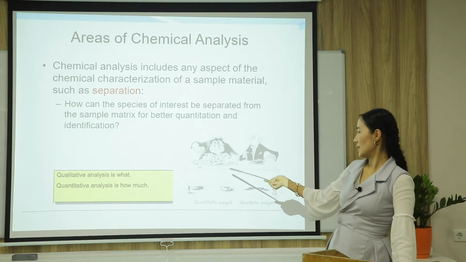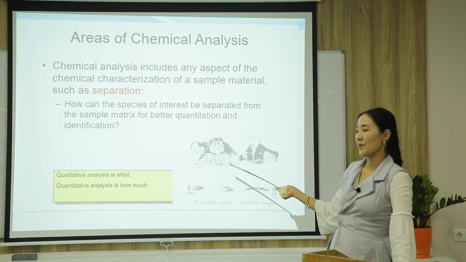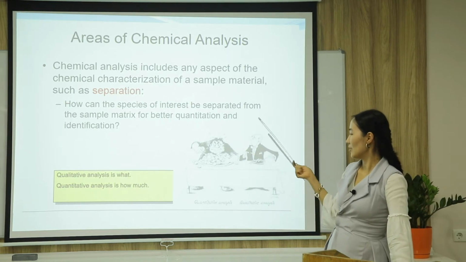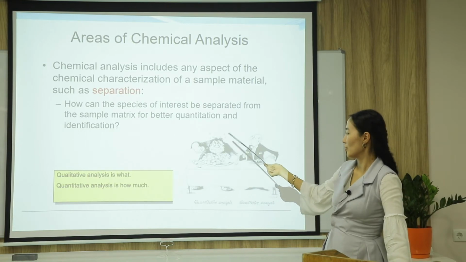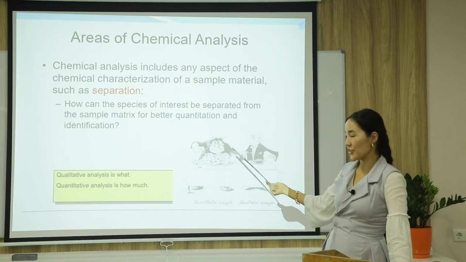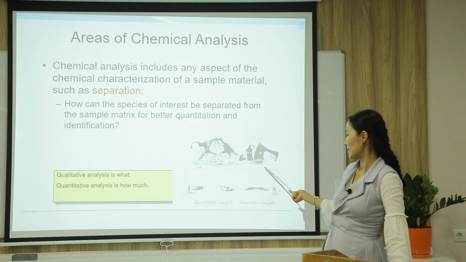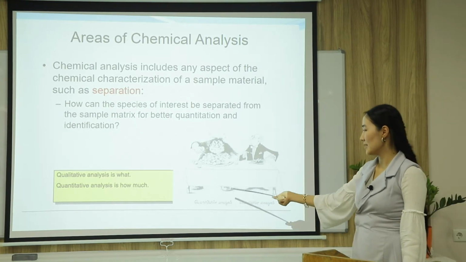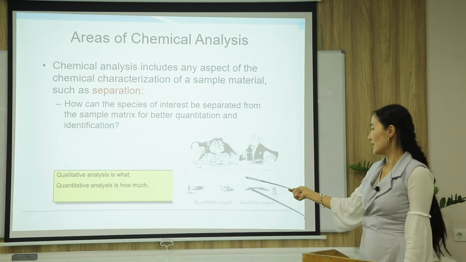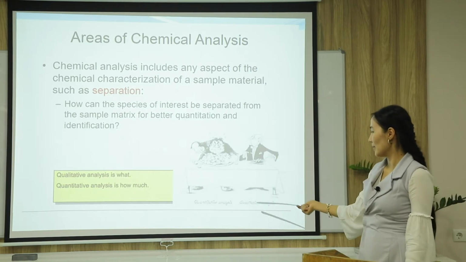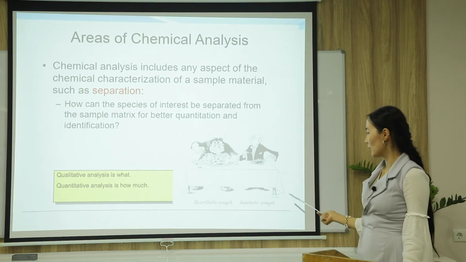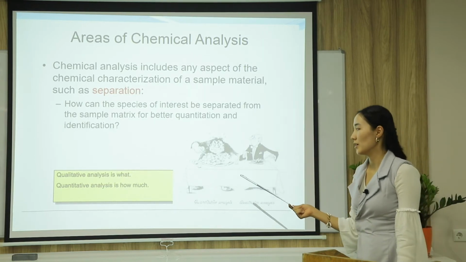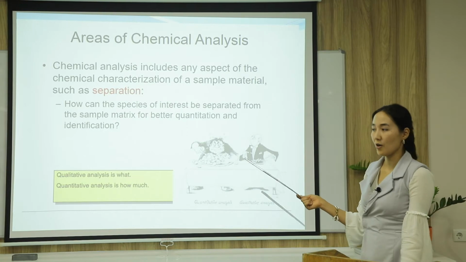As you see from this picture, the man is eating a very large amount of dinner, and the second one is too small. So this man equals the quantitative analysis, the number of them. The second one is equal to the qualitative analysis. So qualitative analysis is what, and the second one is how much.